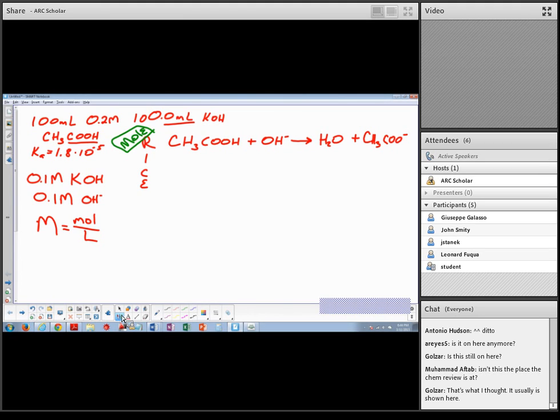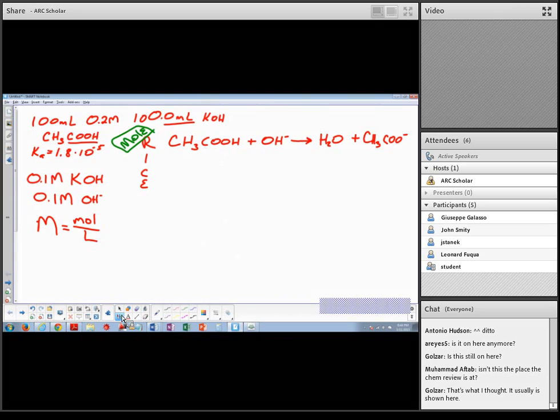And then you could see they're in a 1-to-1 ratio. So if I had, say, 2 moles here and 1 mole here, I know that 1 mole is going to get used up first. I'm going to have 1 mole left, 0 moles, and then whatever gets made. So it's the same idea. We can't compare molarities directly, but we can compare moles directly.